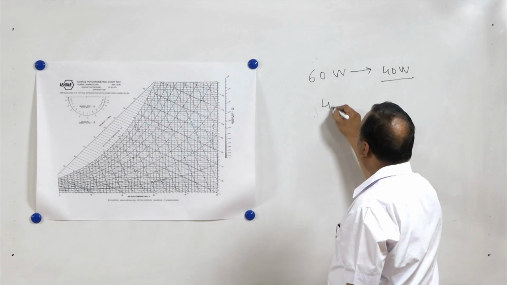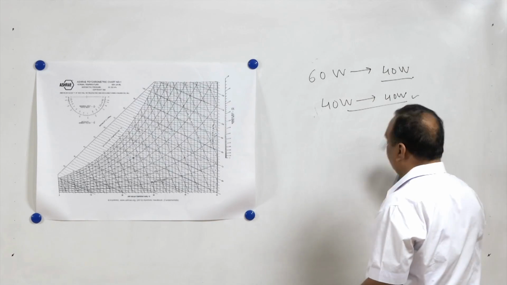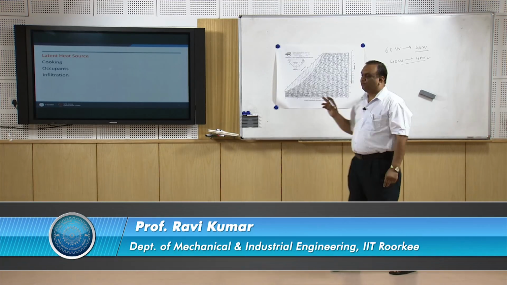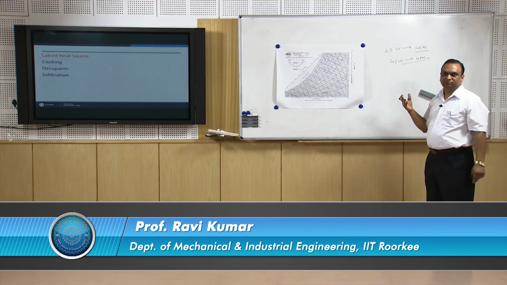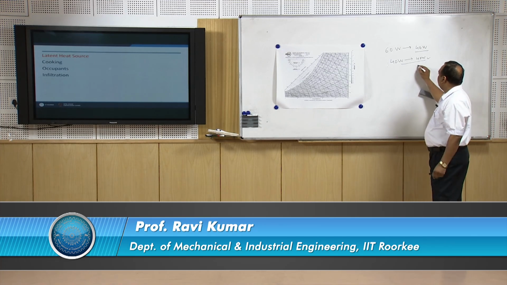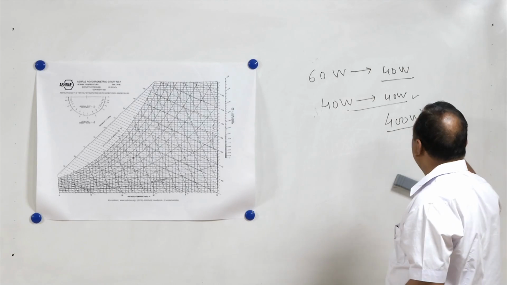Nowadays we have improved chokes which consume only 40 watts for 40-watt tube lights. So, each tube light contributes 40 watts of heating. If there are 10 tube lights in a room, the heat addition is going to be 400 watts.